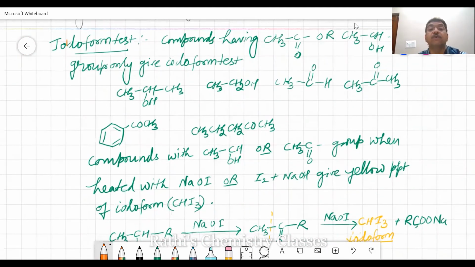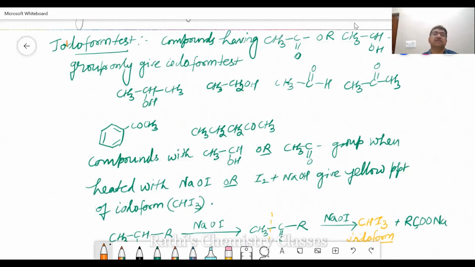Now the iodoform test, a very important test. The iodoform test is only given by compounds which have a methyl ketonic group or a CH3CHOH group. Any compound having either of these two groups gives the iodoform test.